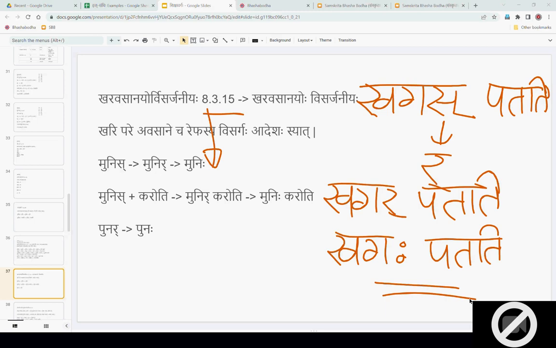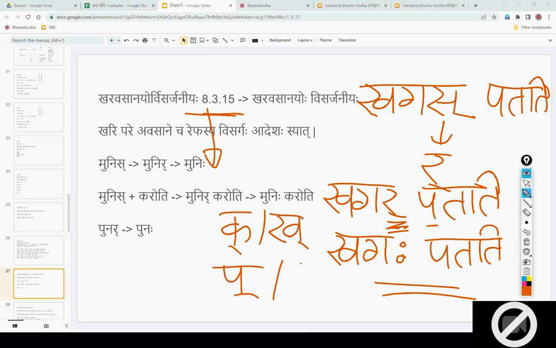But that we already know. Because I have seen the other following sutras also, I know that in this case, after applying 8315, if it is followed by ka or kha or pa or pha, then the other following sutras are not going to affect this. This is the final form.